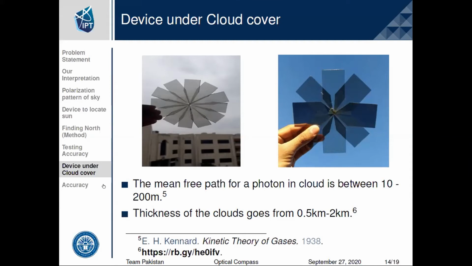That is why, as you can see over here, with our compass and with our naked eye experiments, we were not able to really find it. But you can navigate when some clouds are present. You can find the planet which is not covered with clouds, and then you can navigate through that.